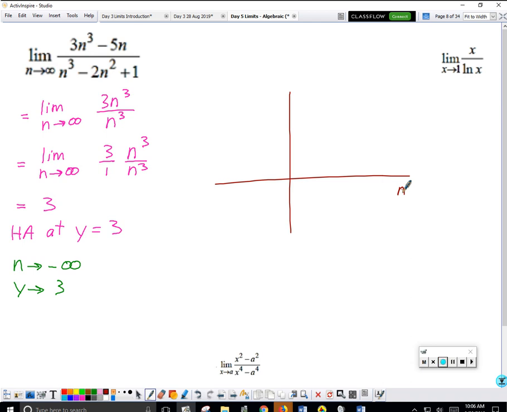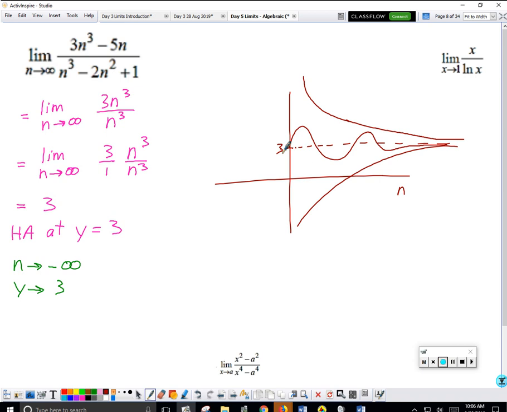So I don't know what it looks like. I just know the y-coordinate's somewhere in the vicinity of 3 when I'm over here. So maybe it does this. It helps if you draw the line. Maybe it does this. Maybe it does this. It might even do this. Any of those are valid. We don't really know. We didn't analyze it.